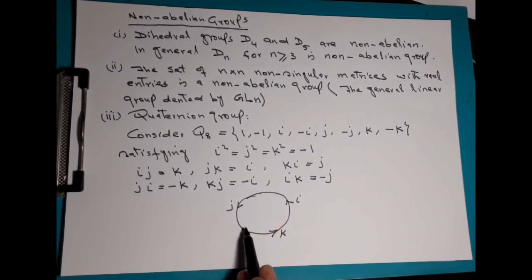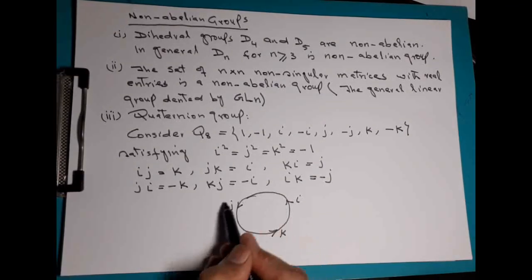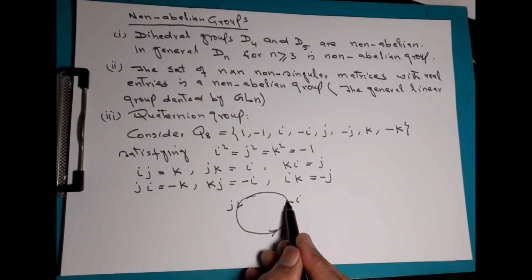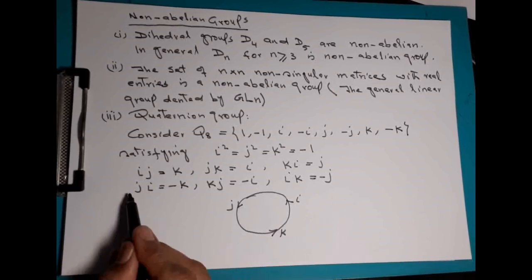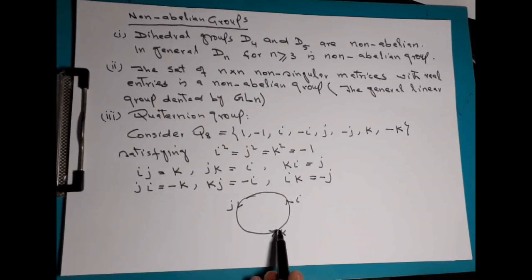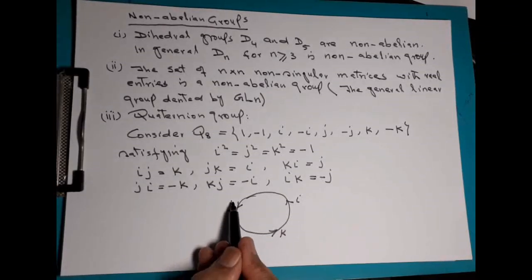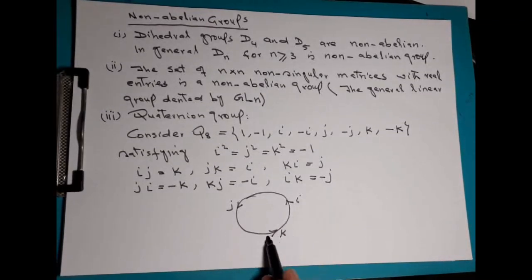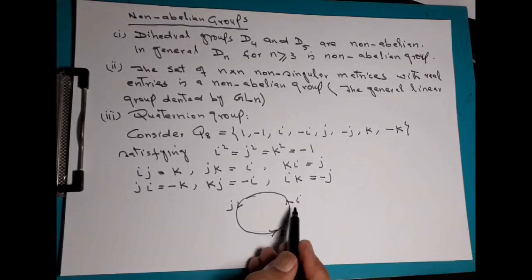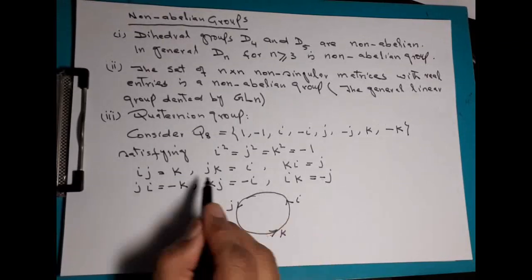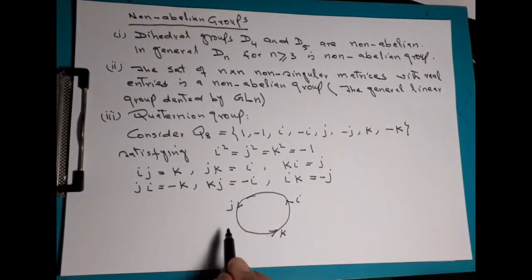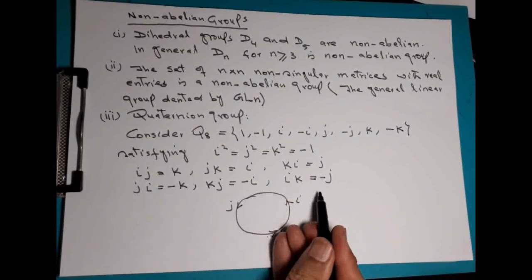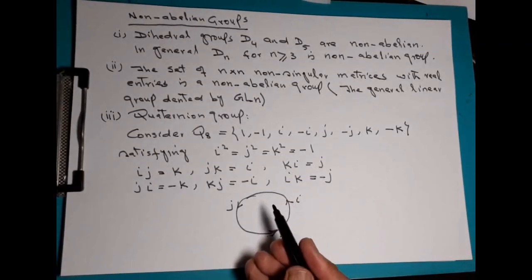So if you go anti-clockwise, the sign is positive, but j multiplied with i is equal to minus k, k multiplied with j is equal to minus i, and i multiplied with k is equal to minus j. So if you go along the arrows, the sign is positive, and if you go in the direction opposite to the arrows, the sign is negative. So it's very easy to remember.